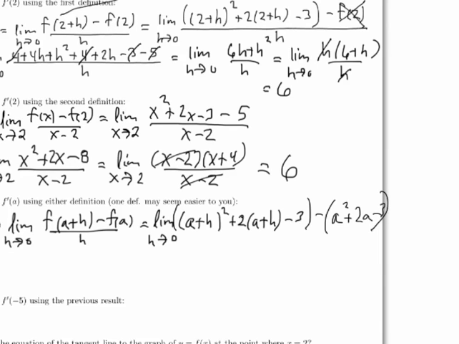Now notice here I've put parentheses around the whole f of a term so that I can correctly distribute this minus sign. We're going to expand this and collect terms.